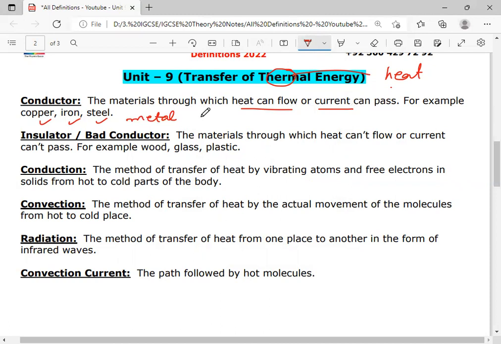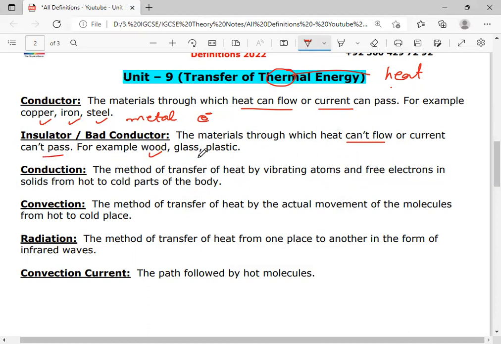And the reason is that in metals there exist free electrons. So free electrons are there in metals, due to which heat is very quickly transferred from one place to another place. While insulators are also called bad conductors, and the definition of insulator is very simple, that is the materials through which heat cannot flow or current cannot pass.